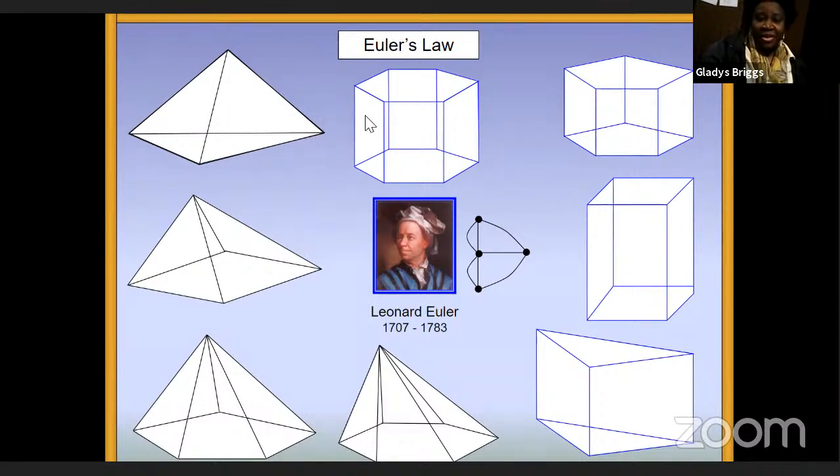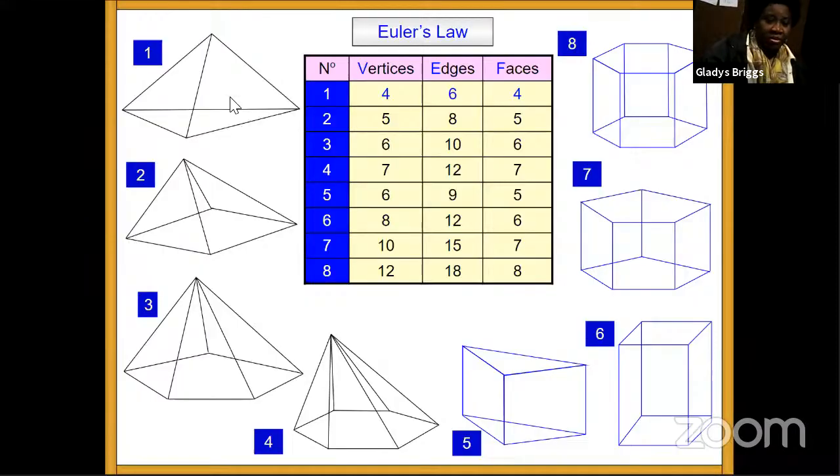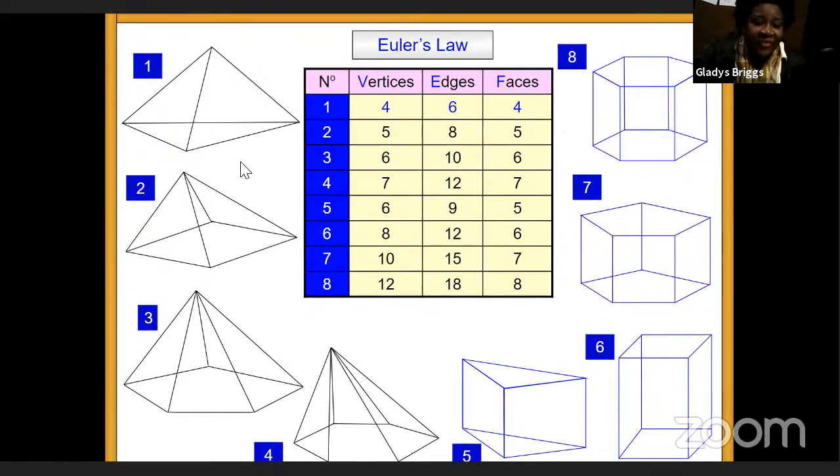So here goes Euler's law. If you have a look at the first one here, the number of faces is 4. It has 4 faces, 4 vertices, and 6 edges. And the next one has 5 faces, 5 vertices, and 8 edges.